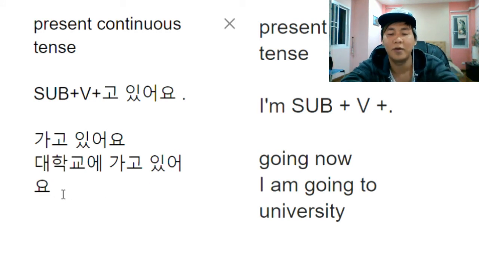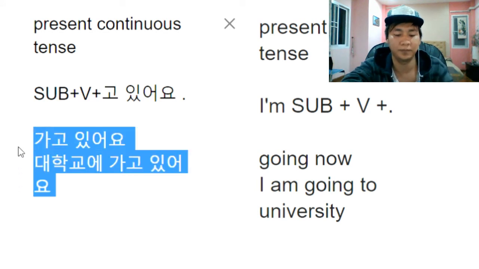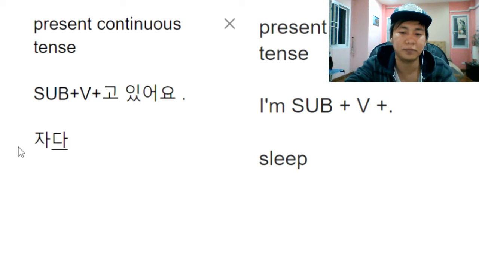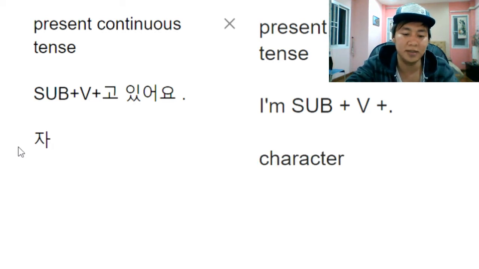Okay. One more example. 자다 is to sleep. Remove 다. Add 고 있어요.